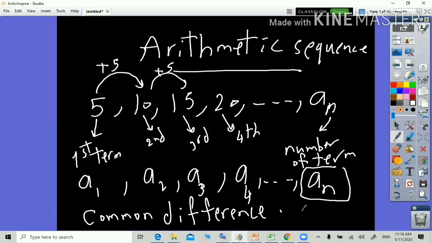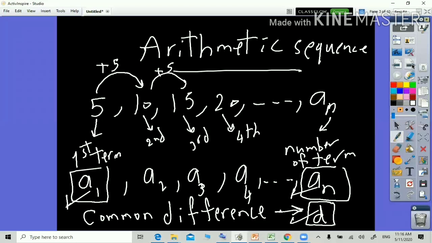No, we call it D. So the first term is A1, the last term is An. The number I add or subtract is called the common difference, and we use the symbol D. So till now we have three symbols: A1, the first term; An, the last term; D, the common difference.